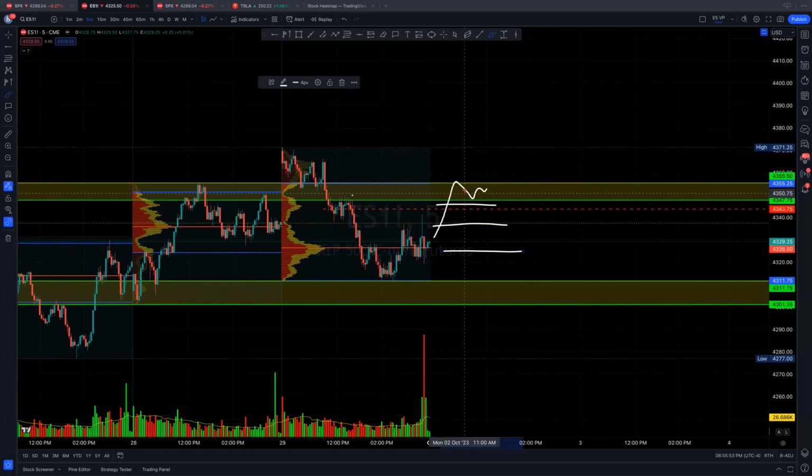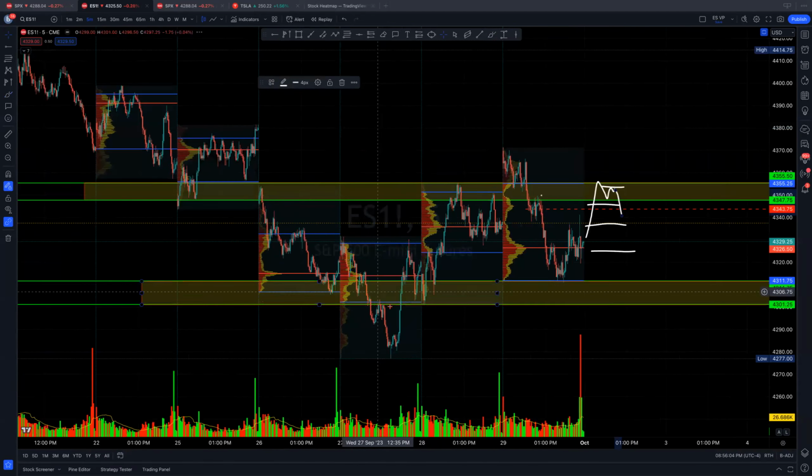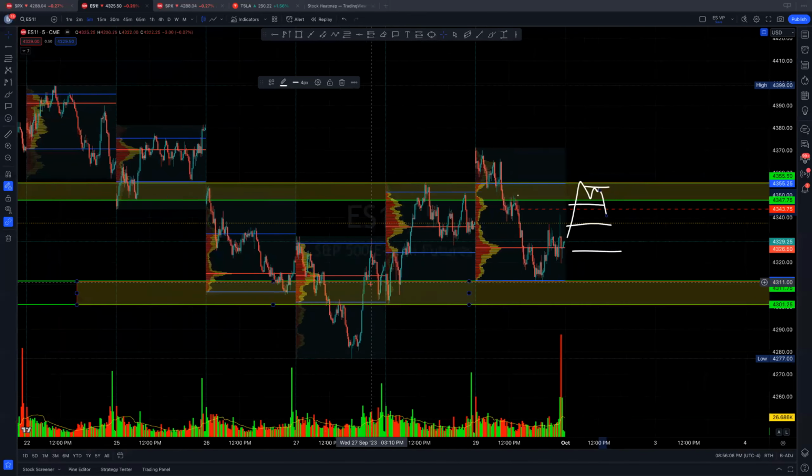So I might be looking to short over here, based on other stocks showing that their value is being held lower, which is what happened over here when I was telling you guys that I was looking for a potential recovery in the market.